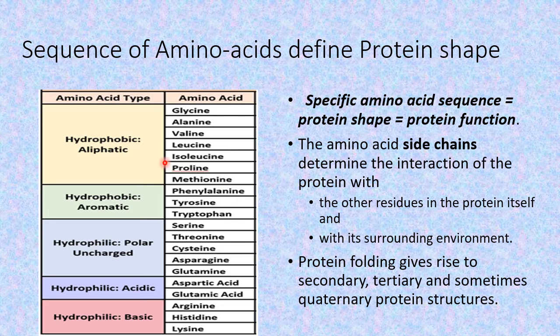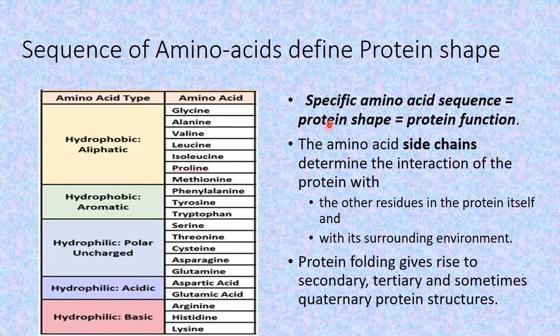So these specific R groups define the shape of the protein that is formed, and it is this specific shape of the protein which defines its site of occurrence and the various functions carried out by these biomolecules.